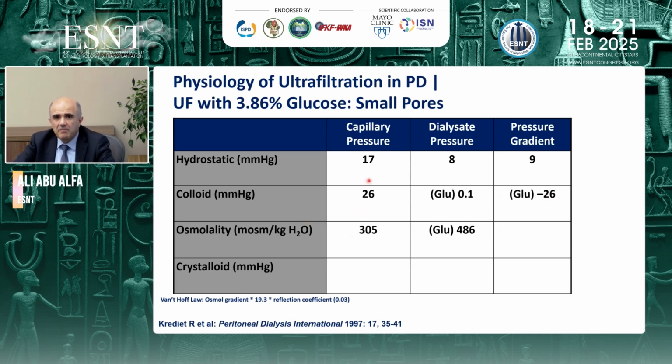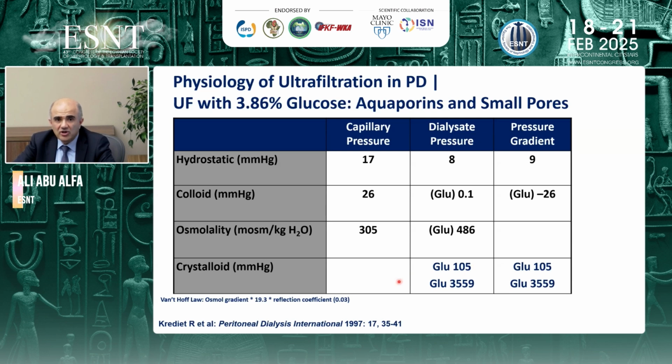You come and you put in a big osmotic pressure. Let's say plasma is 305, and the glucose solution, let's say the 3.86%, is 486 milliosmoles. You translate this into millimeters of mercury.